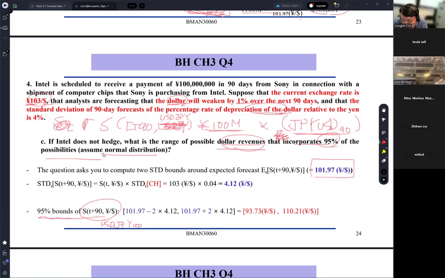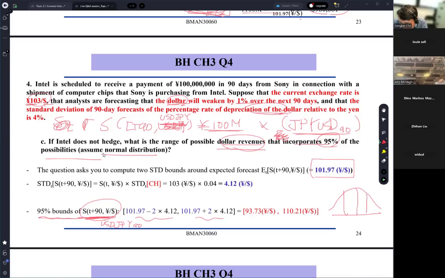We just compute the mean forecast. What we are computing is the distribution of future USD JPY. We have the mean. Once you compute the standard deviation of these distributions, S(T+90) of USD JPY, using the mean and standard deviation, we can get the 95% bound.